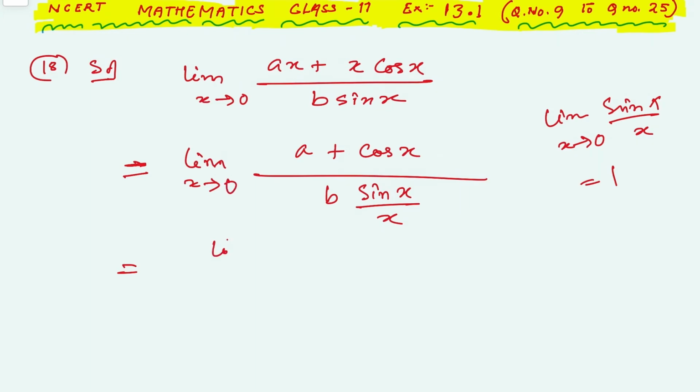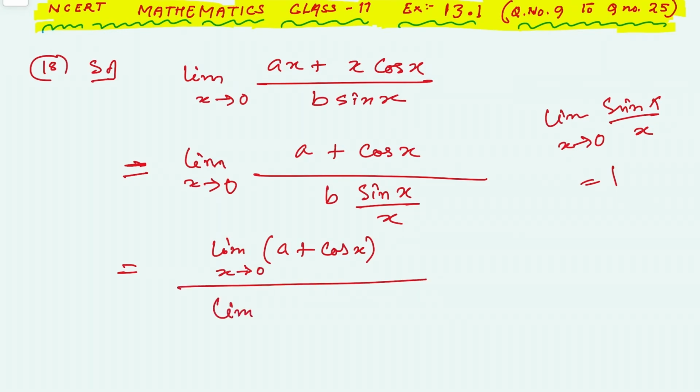Okay, in this case we can write limit of a plus cos x, x tends to 0, divided by limit, b can be written outside as constant, sin x by x, as x tends to 0, we can write like this.